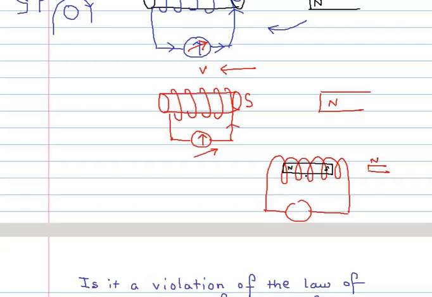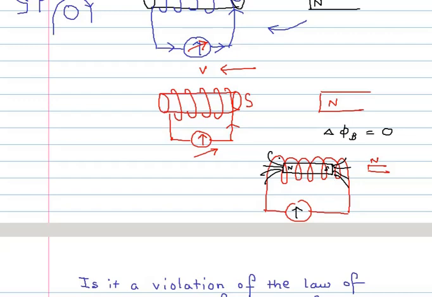Now the entire magnet is within the coil, so all the field lines of the magnet are intersecting with the coil. But because the magnet is at rest with respect to the coil, there is no change in flux; the change in flux is 0. As a result, there will be no EMF induced, and the galvanometer pin will show no deflection.